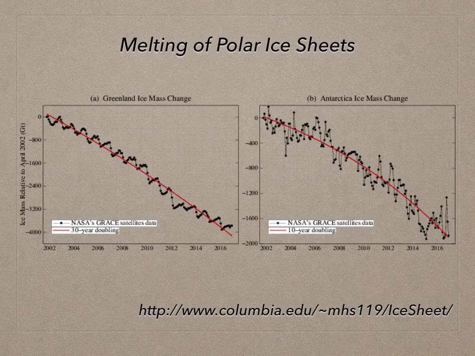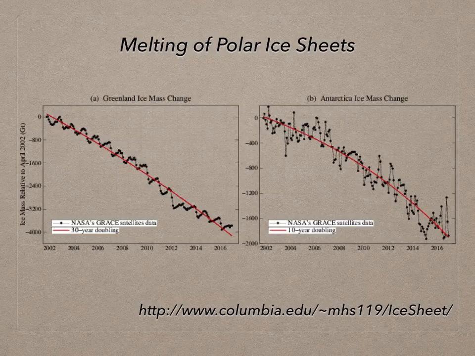This is measured by a satellite that's orbiting Earth that can actually detect the mass of these large ice sheets. You can see this very strong decline over this time period due to the planet warming and the melting of the polar ice sheets.